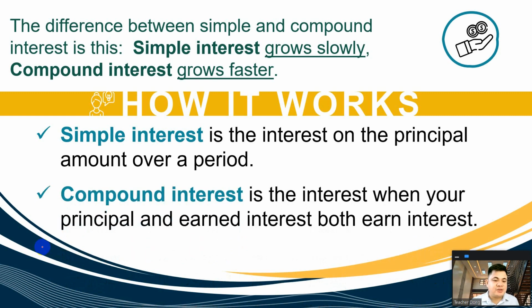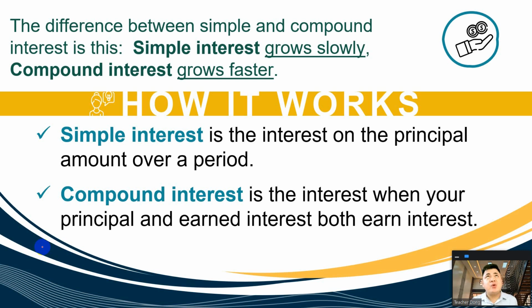While compound interest is the interest when your principal and earned interest both will earn interest for a specific compounding period. Later we will be discussing the compounding periods. Other than the simple interest, there's another interest that will be imposed on the principal and interest.